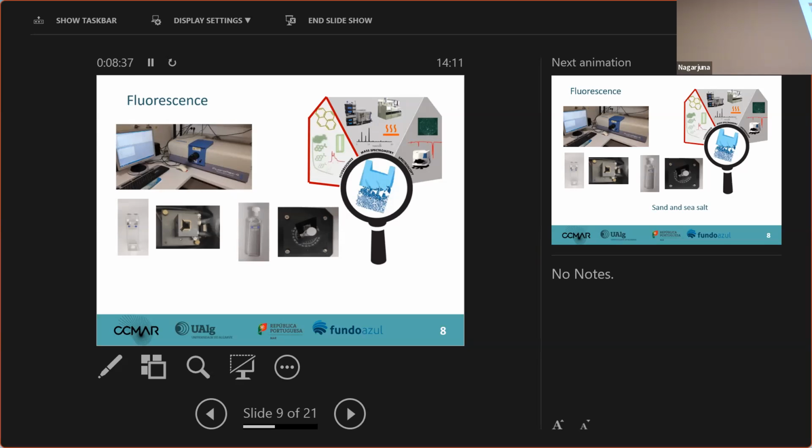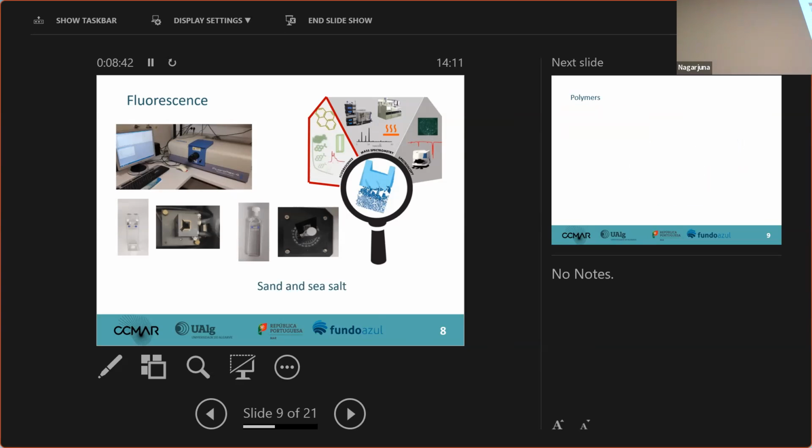So why solids? Because we want to analyze samples of sea salt and sand without any processing. Just take the sample, add your probe, and get the spectrum. As simple as possible.